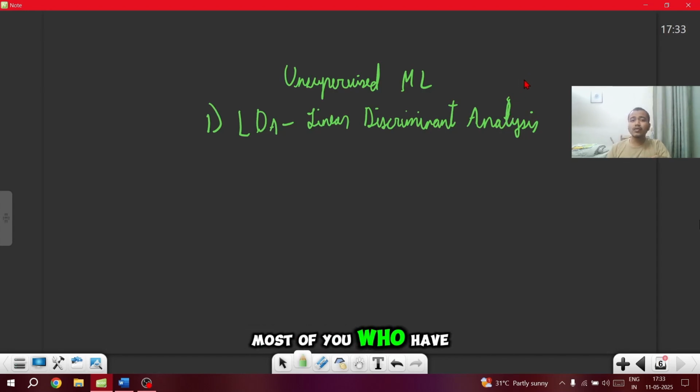Most of you who have previously studied ML might be knowing about a concept called PCA, used for feature extraction. This LDA is a precursor to it, and PCA was inspired by LDA. In many of the online courses, we usually don't see LDA being taught, but LDA is equally as important to understand the concept of PCA.